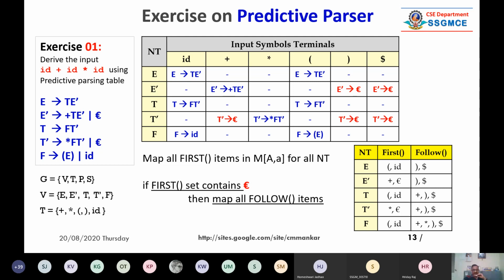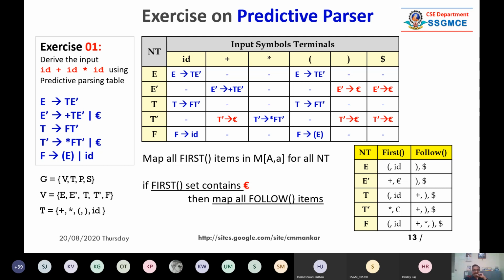So this is a normal production rule. And there is another production rule, that is E dash giving you epsilon. So the epsilon rule is mapped on the follow items, closing bracket and dollar, right? And plus is there in the first set, so it is mapped with the blue entry. That is E dash giving you plus TE dash.